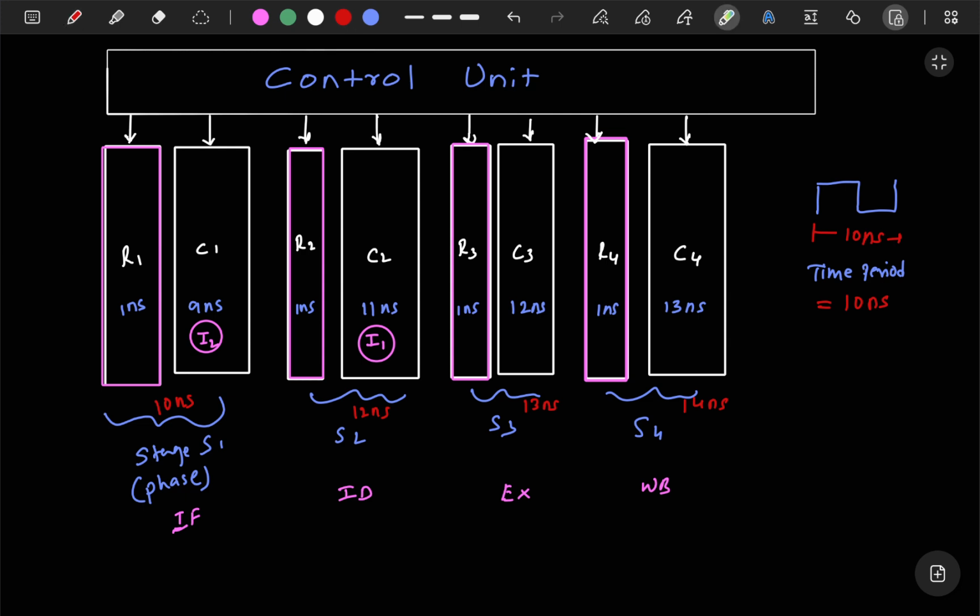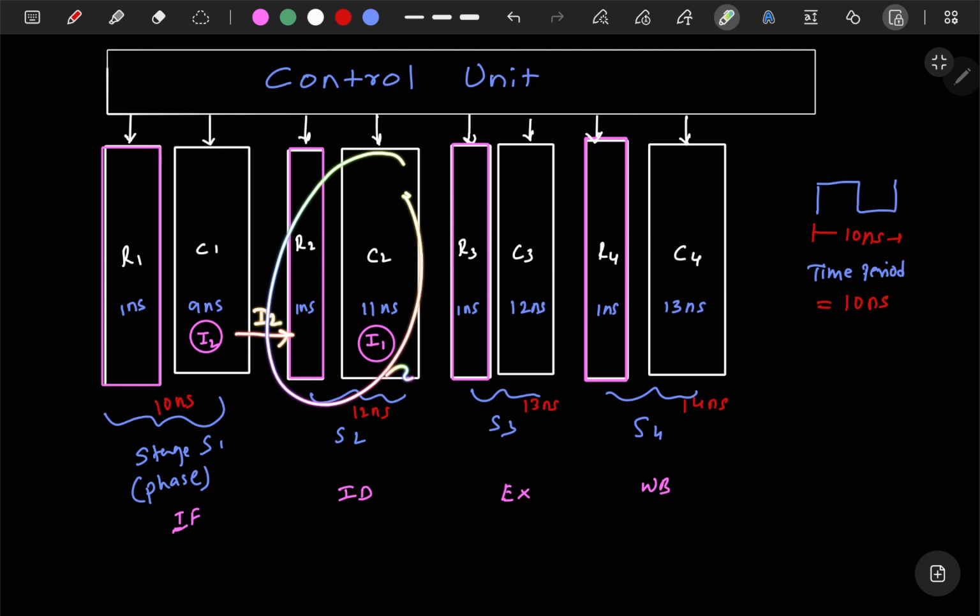Now you can see that I2 is processing at phase 1 and I1 is processing at phase 2. After 10 nanoseconds, I2 completes its processing at phase 1, and then the clock is enabled because 10 nanoseconds is the time period. So I2 will be moved to phase 2.